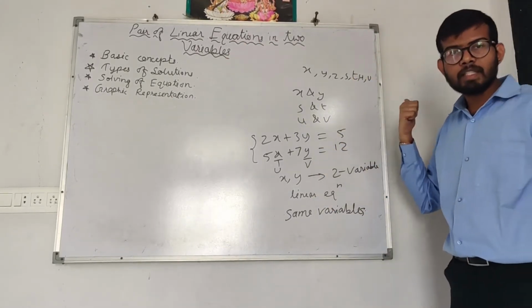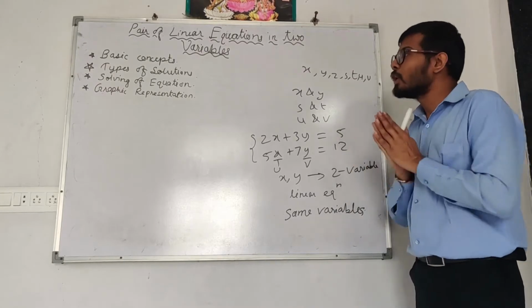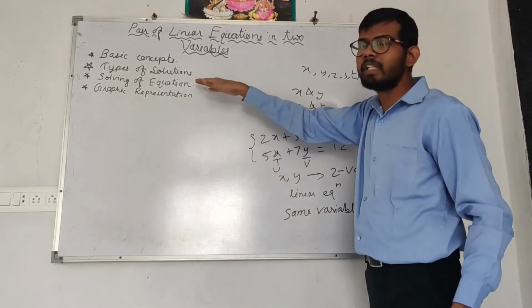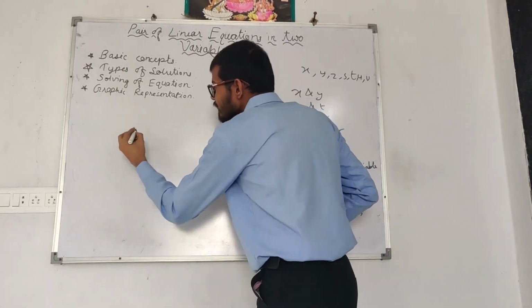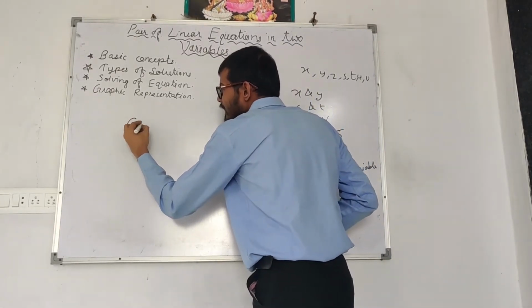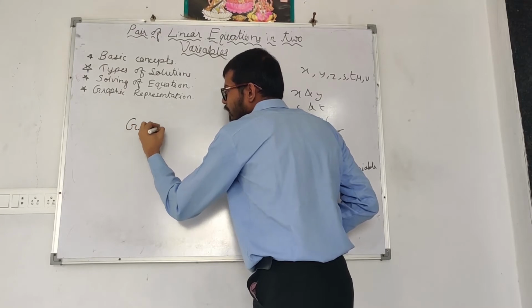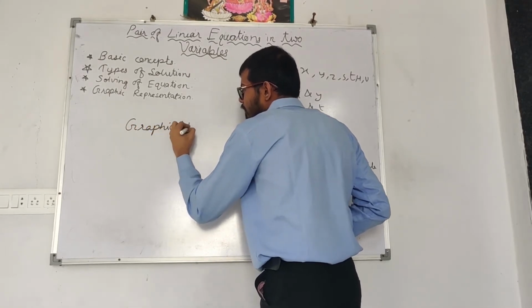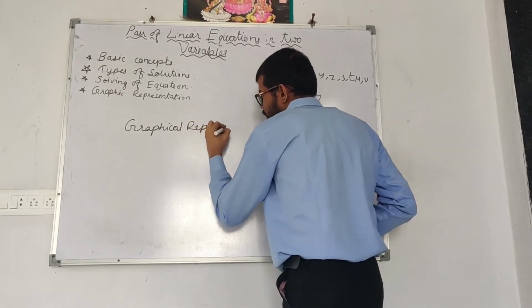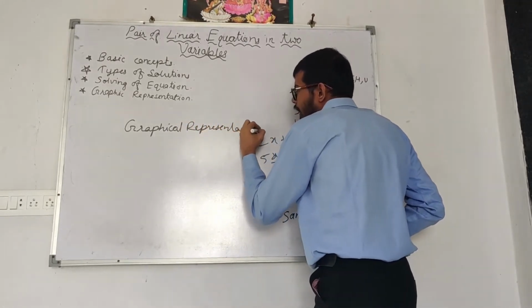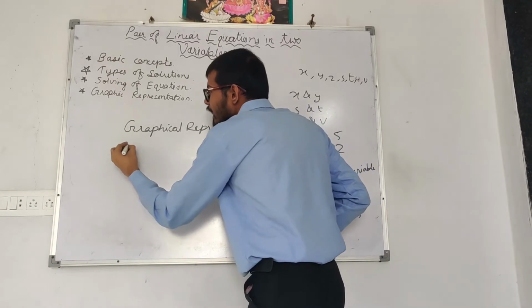Now, we need to solve these equations as well. Correct? To solve these equations, we have different methods. The first method is the graphical method, or you can say graphical representation. And the second method is the algebraic method.